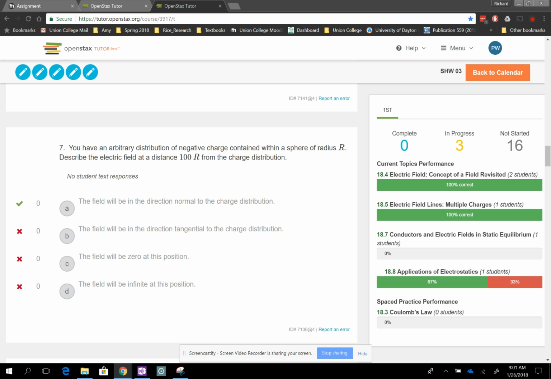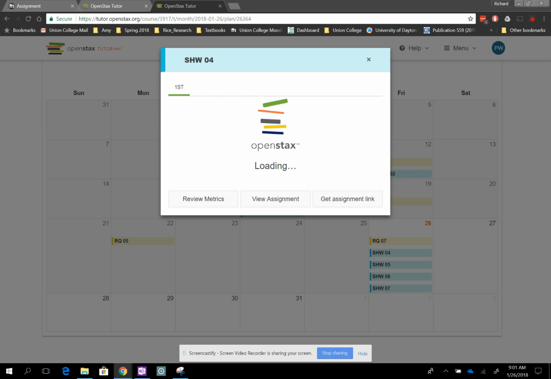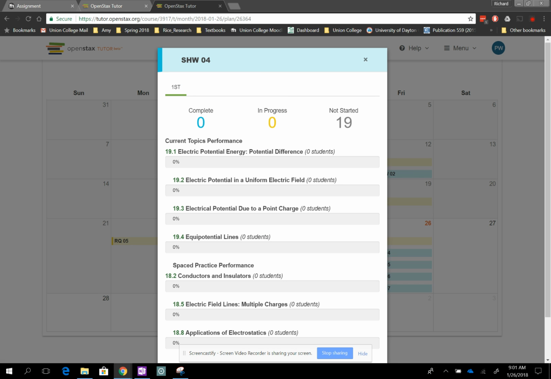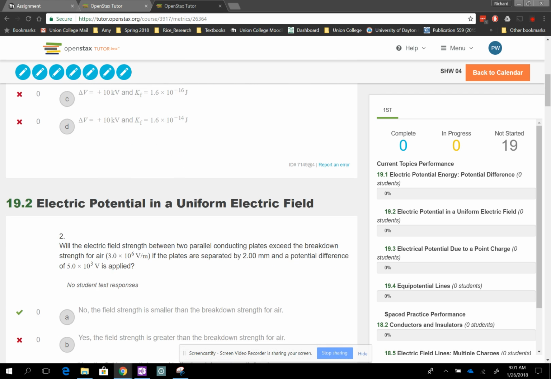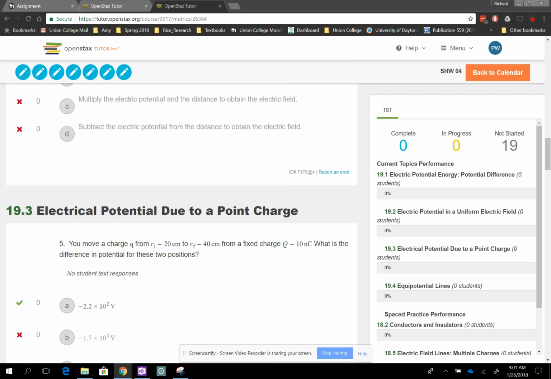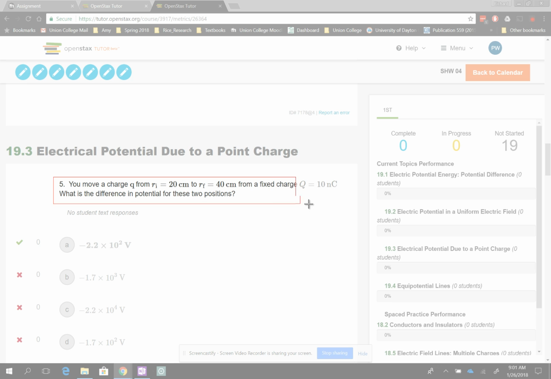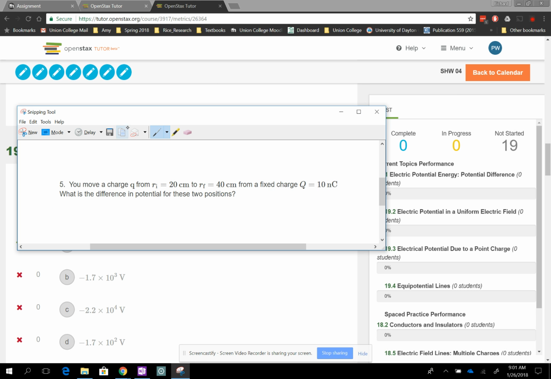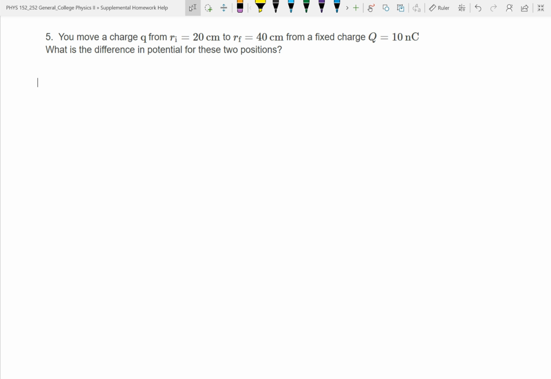You move a charge Q from R1 equals 20 centimeters, or R initial 20 centimeters, to R final 4 centimeters from a fixed charge Q equals 10 nanocoulombs.